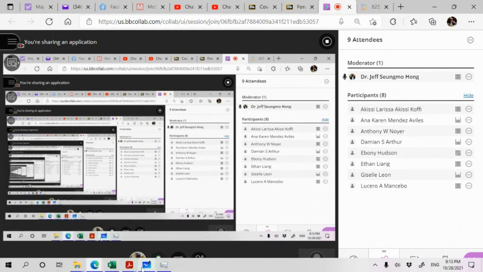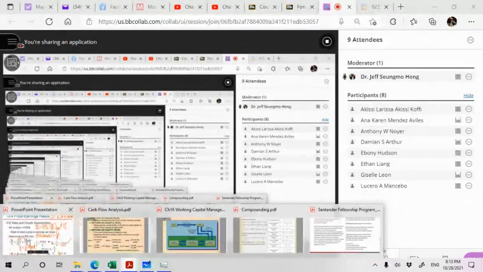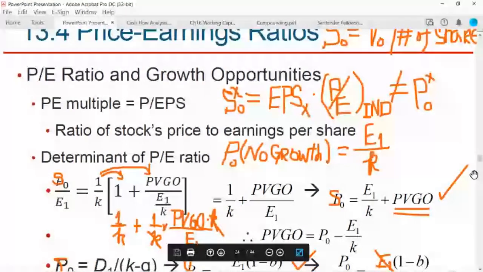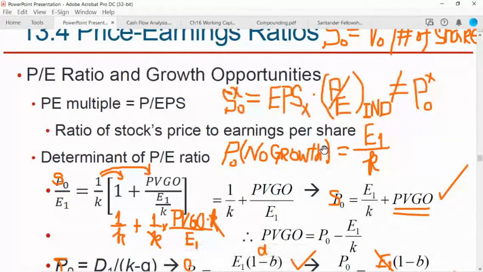All right, we're back. So, let's think about the P/E ratio, and this is a recurring theme. P/E ratio is a very popular measure of valuation, right?